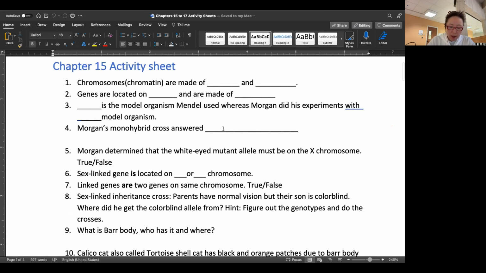Number four, Morgan's monohybrid cross answered, white-eyed allele must be recessive. I was hesitating for this one. Yeah, Morgan's monohybrid cross actually answered that the genes are on chromosomes.